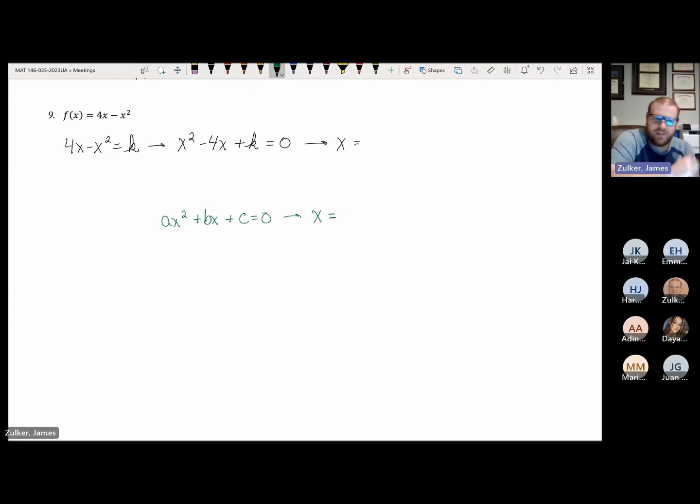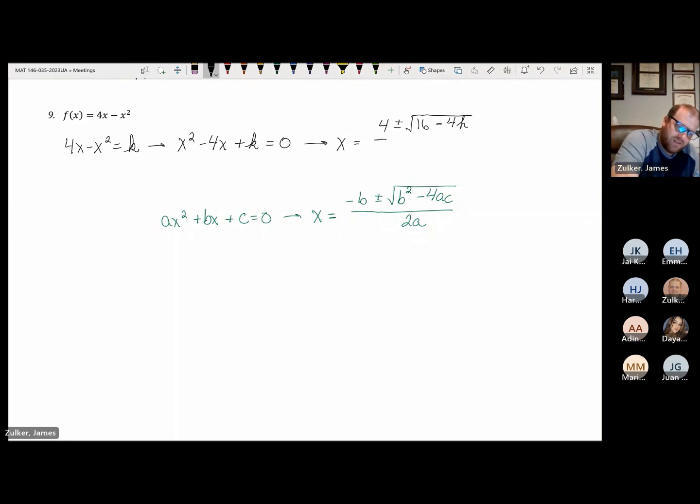Remember the quadratic formula: negative b plus or minus the square root of b squared minus 4ac, all over 2a. Here, we get x equals 4 plus or minus the square root of 4 squared minus 4k, all divided by 2.